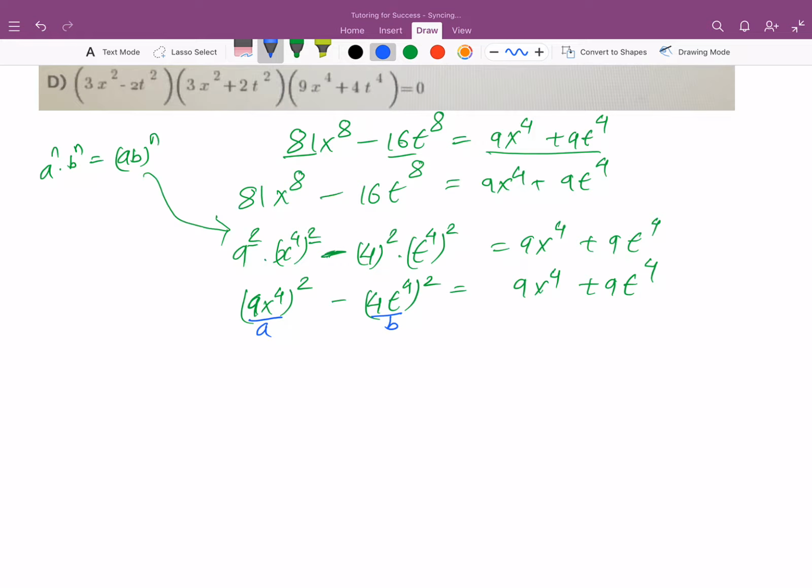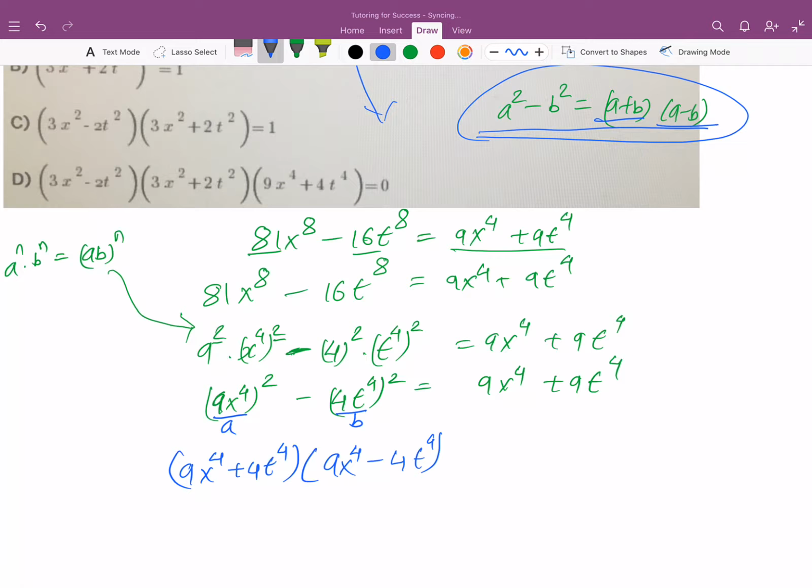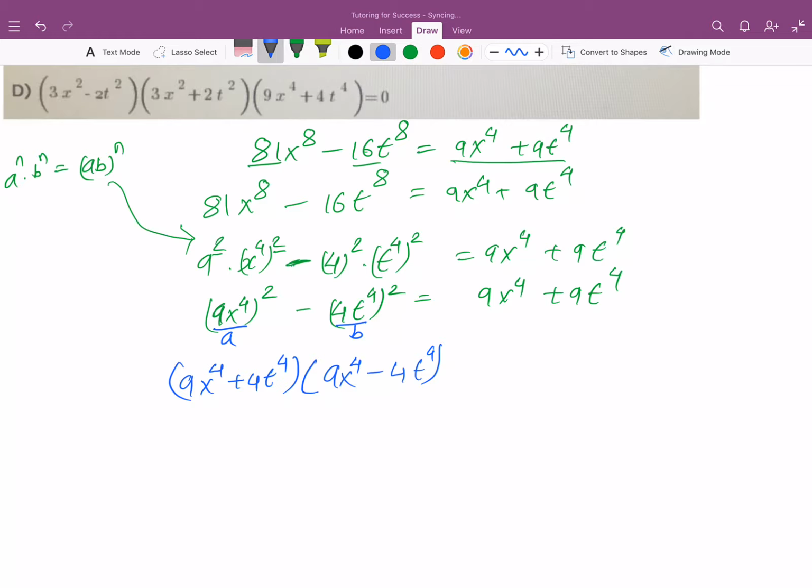If you expand it further, you would get a, which is 9x to the 4, plus b, which is 4t to the 4 in one parenthesis, and in another parenthesis you get 9x to the 4 minus 4t to the 4, because that would be a minus b. And then write it down, 9x to the 4 plus 9t to the 4.